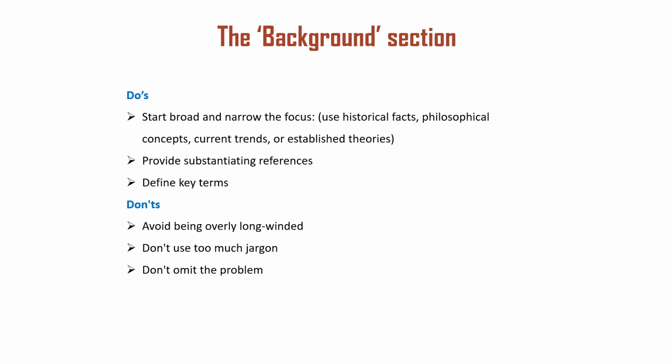Finally, remember that writing the background section is only a way to reach the third section, which is the statement of the problem. So there should be some coherence between this section and the third section. On the basis of this, you're advised not to omit the problem.